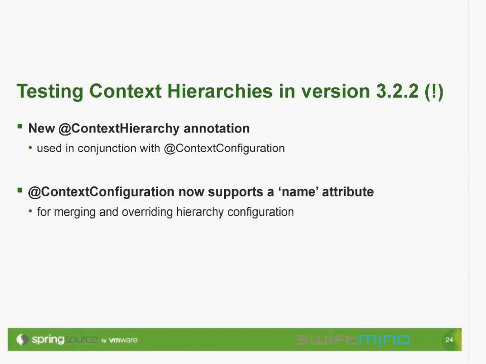Another thing to note is that @ContextConfiguration has a new name attribute, and the only reason you'd want to use this is if you want to merge or override the configuration at various levels within your context hierarchy. For examples on that, there'll be a blog post coming up in a couple of weeks that will explain that in more detail. And if you're interested, we can provide a link later on for the Jira issue that shows some examples for that as well.